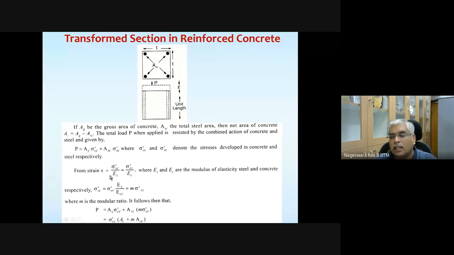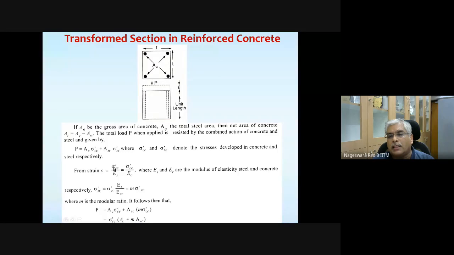So you see this one, epsilon is equal to sigma prime SC divided by ES is equal to sigma prime CC divided by EC. I want you to note down this equation and look at its second and third parts. You rearrange these second and third parts of this equation.